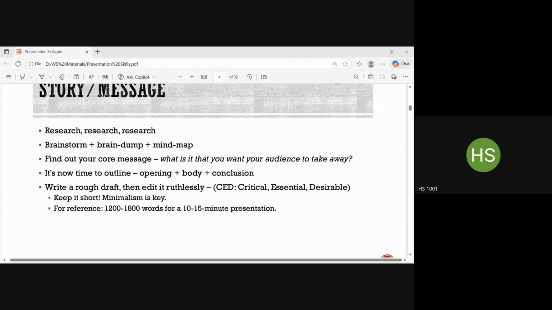The reason why I'm not specifying the number of slides here is because people use slides very differently. Some people dwell on each slide. Some people run through slides very, very quickly. So you can't really specify the number of slides in a very uniform way. But for a script, this is how it should be.